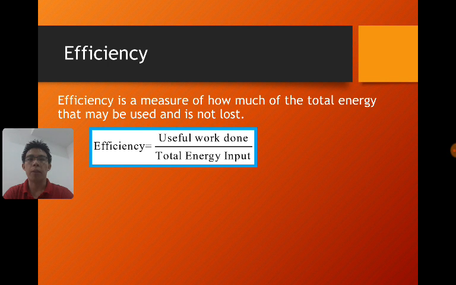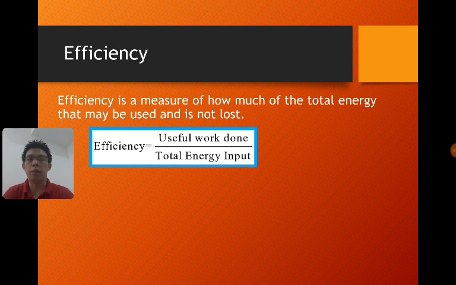So for example, for a car engine, the useful work done is the amount of energy that is used to move the car. The total energy input is the total energy that is provided by the engine of the car.